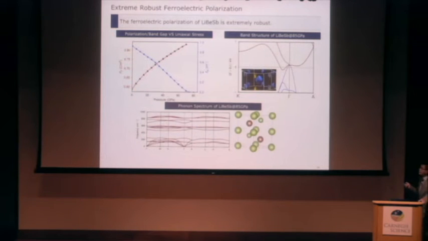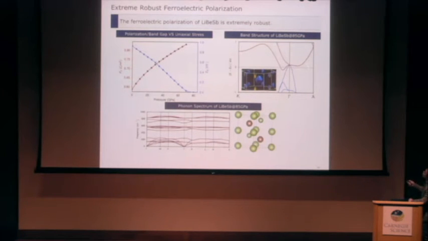This is the last slide. It turns out that for some ABC ferroelectrics, the polarization is extremely robust. What I show here is the polarization as a function of hydrostatic pressure all the way up to 80 gigapascal. And the red line is the polarization. As you can see, it keeps increasing. Around 80 gigapascal, the band gap closes, so the structure is metallic and we cannot define the polarization.